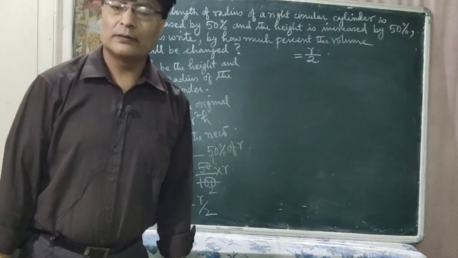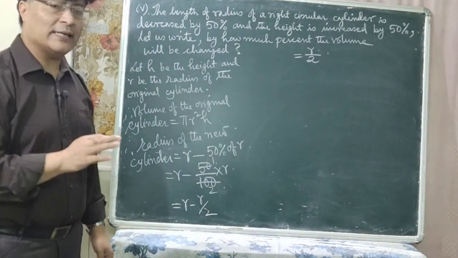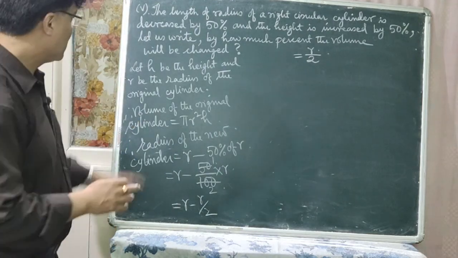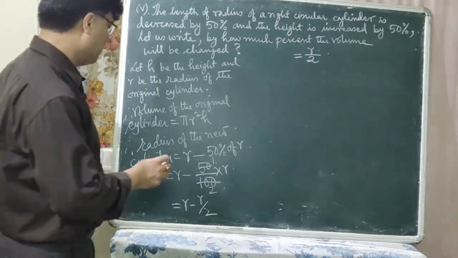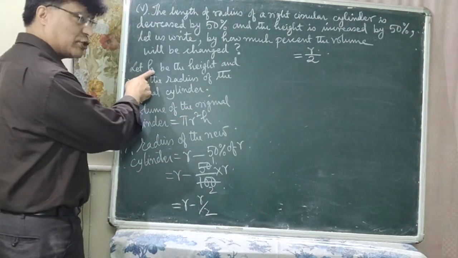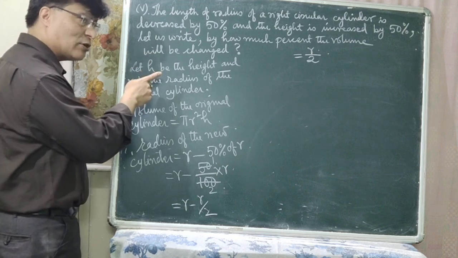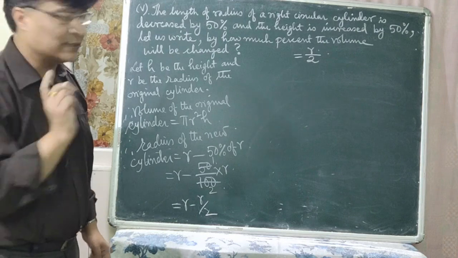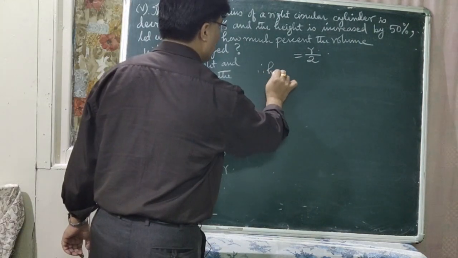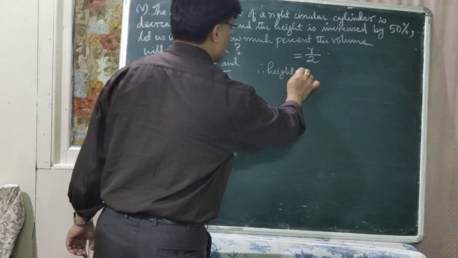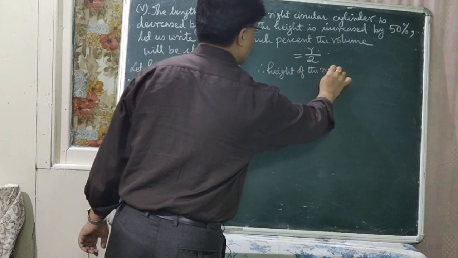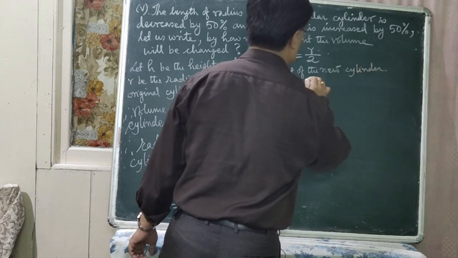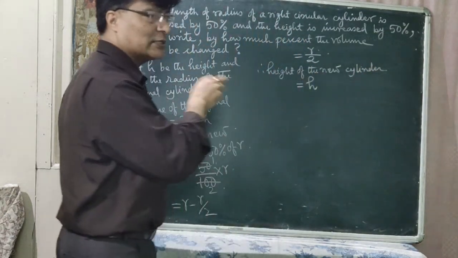Is that clear? So now in the question it is given that the height will be increased by 50%. Okay. So what is the original height of the cylinder? Original height of the cylinder is h. Now the height of the new cylinder will be increased by 50%. That means the height of the new cylinder is equal to h, h is the original height.